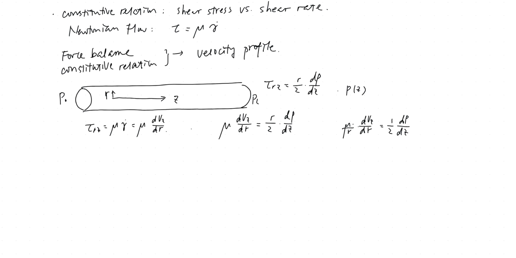So now you have dvz/dr is a function of r, and p is a function of z.